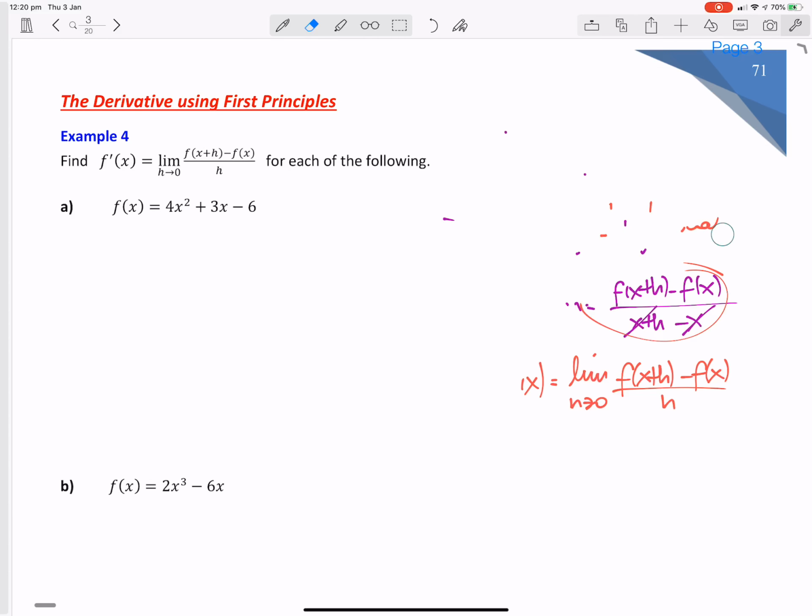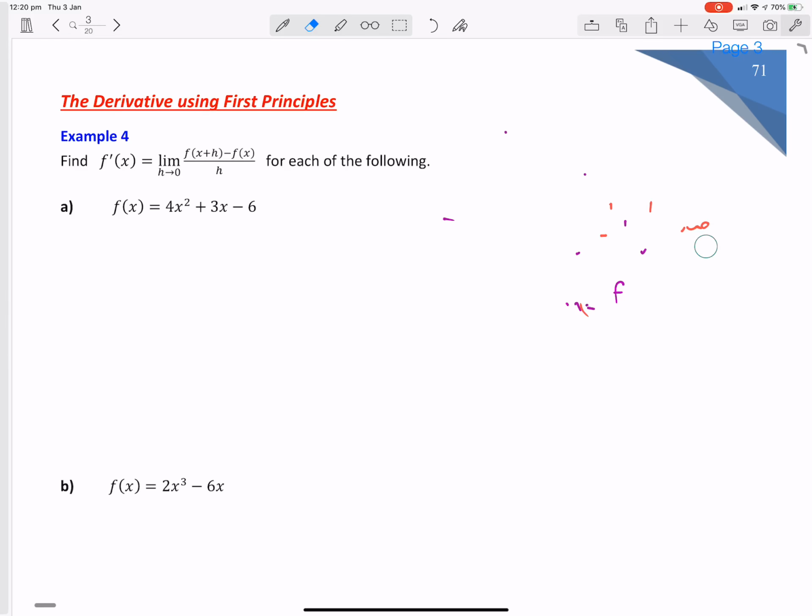Okay, so how do we do it? Well, we need f of x plus h, f of x. So we've got f of x. F of x plus h means wherever you've got an x, you've got to replace it with an x plus h. So 4 times x plus h squared plus 3 times x plus h minus 6.